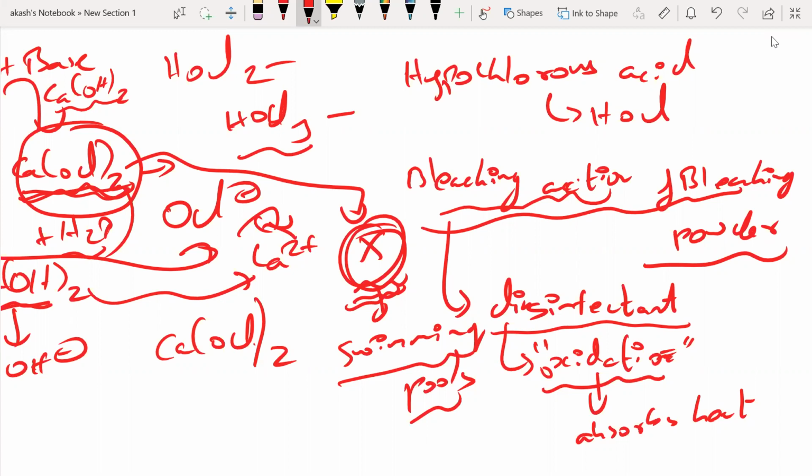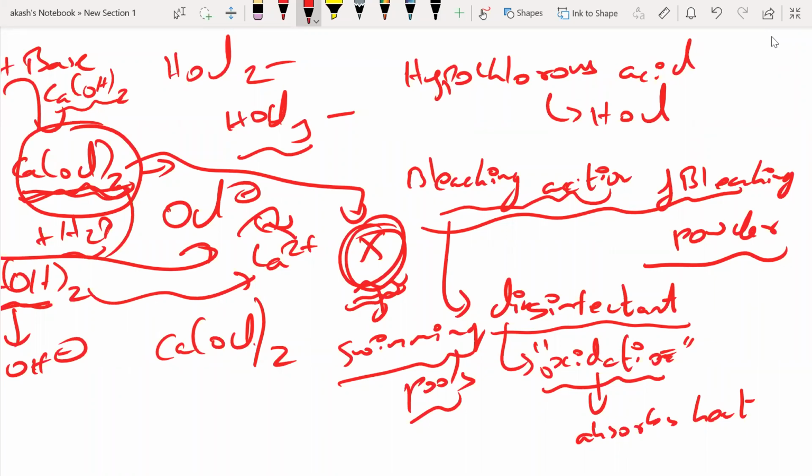Still no comments? Hydrogen peroxide, where are you in swimming pools? Yeah, actually what you're trying to say, I understand. Hydrogen peroxide we use for cleaning wounds. That is also a disinfectant, obviously, but they don't use it in swimming pools. Sir, will it react with water and form hypochlorous acid?